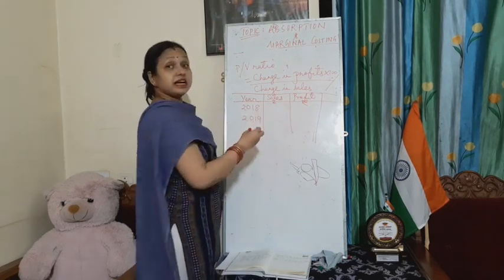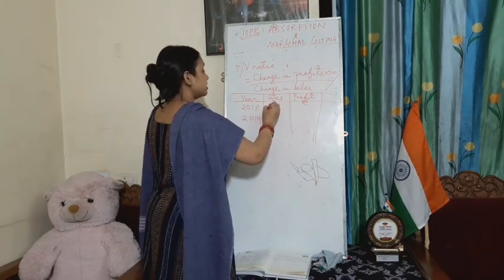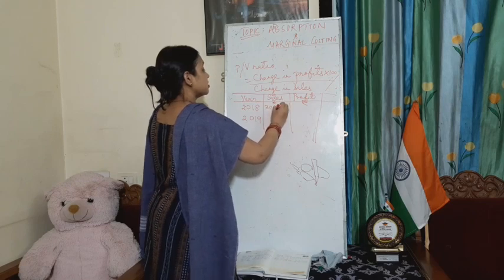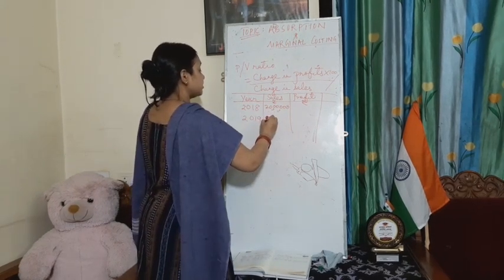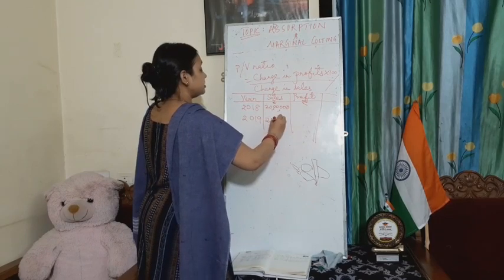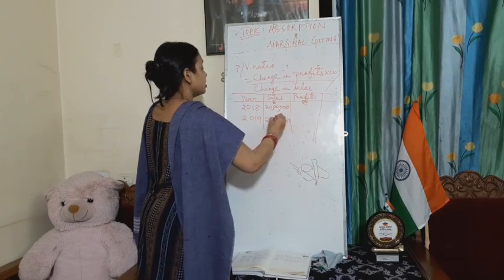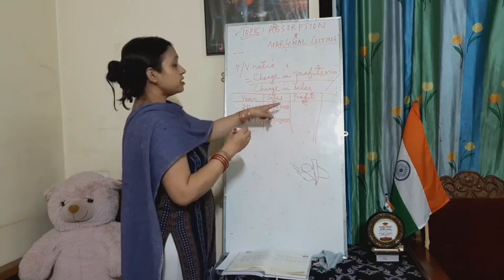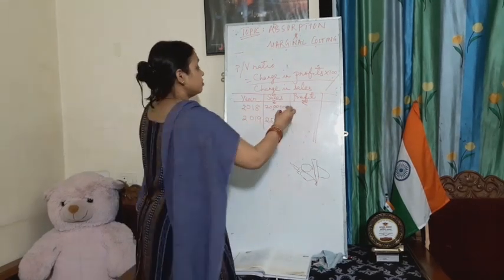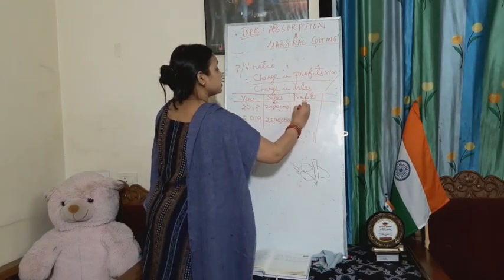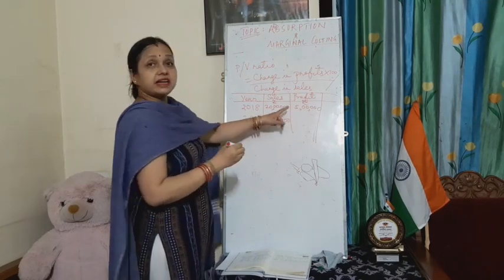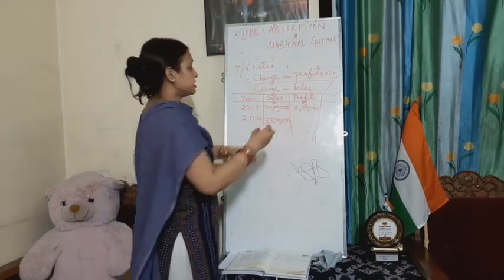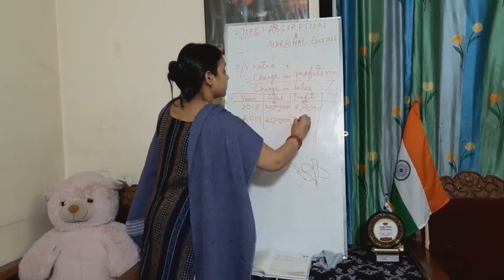Suppose in 2018 the sales was 20 lakhs, and in 2019 the sales has increased by 5 lakhs, it has become 25 lakhs. Let us assume that the profit in 2018 was rupees 5 lakhs, and in 2019 it has increased to 7 lakh 50,000.